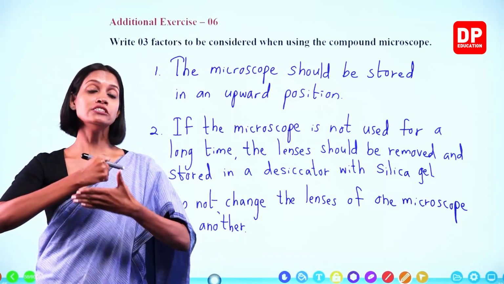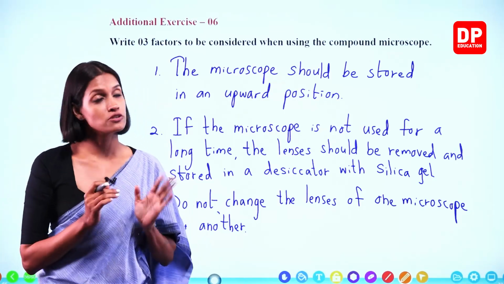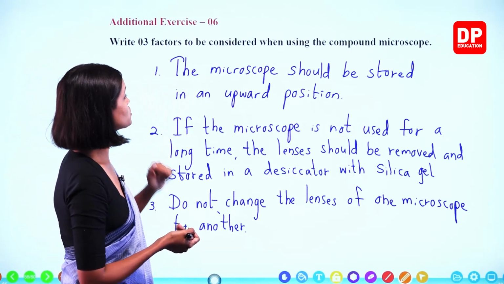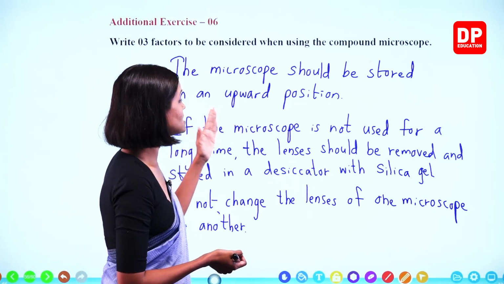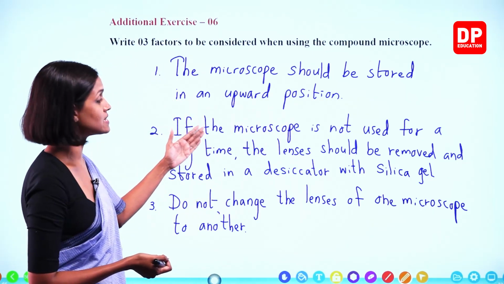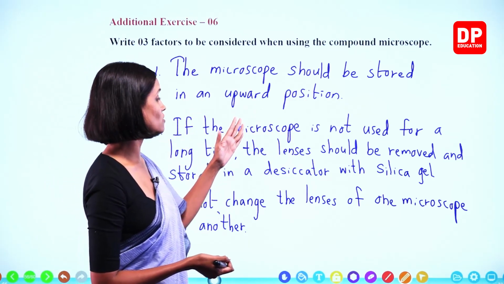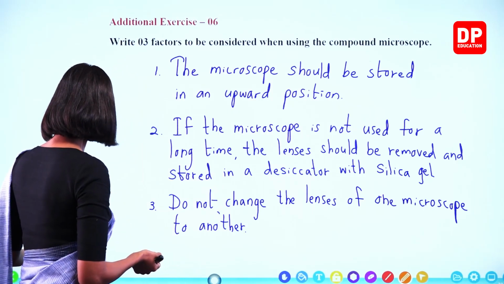Okay, and you have to tilt it towards your body when you take it from one place to another place. So likewise, the microscope should be stored in an upward position. If the microscope is not used for a long time, the lenses should be removed and stored in a desiccator with silica gel. Don't change the lenses of one microscope to another, right? We will move on to the next.